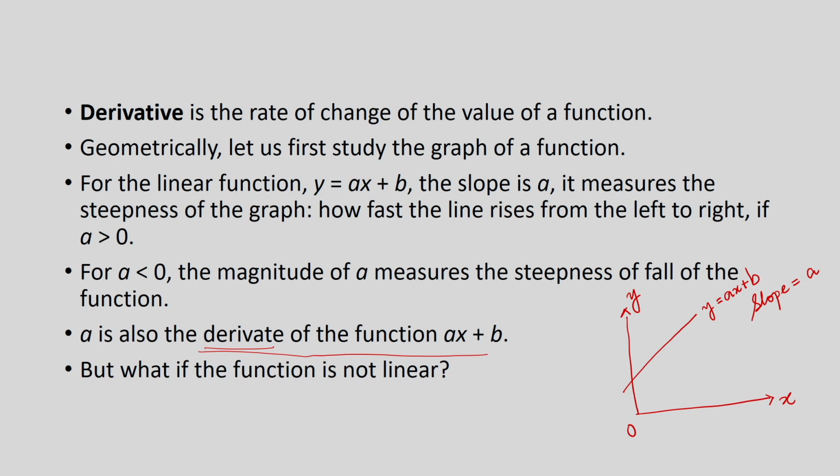Now, this was the case where the function is linear of the form ax plus b, but as we know this is a very simple sort of function. In general, a function may not be linear, and if it is not of the form ax plus b, then how do you define the derivative of a function?